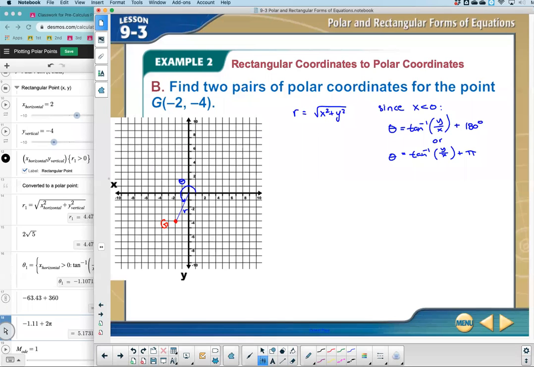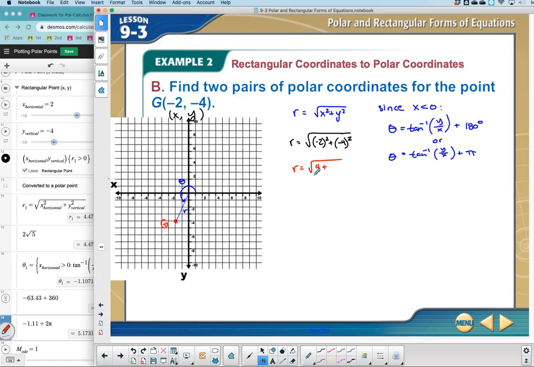So I go to plug in my values. We have an x and a y that we know. So R would equal the square root of -2 squared plus -4 squared. Okay, -2 times -2? 4.